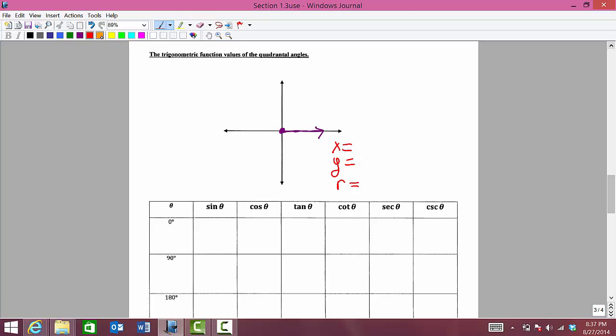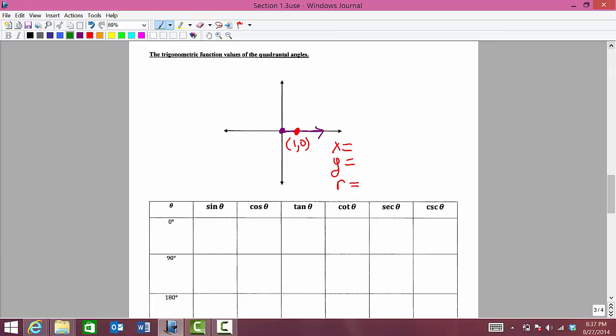The easiest point that we could pick that lives on the terminal side of 0 degrees would be (1, 0). Now you could use (2, 0), (3, 0), (4, 0), or anything in between, any fraction, any value. We're going to choose the easiest point, the simplest one to work with, (1, 0).